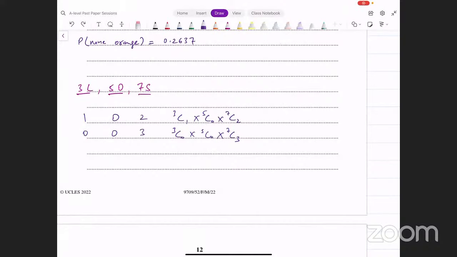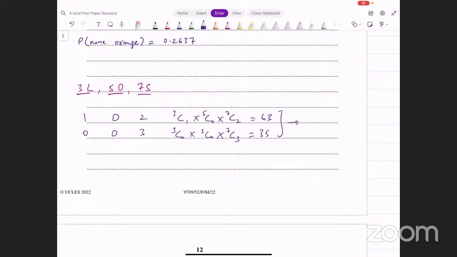Let's evaluate this. 3 into 1 into 7C2, 7C2 into 3, that's 63. And the second case is giving me 1 into 1 into 7C3. 7C3 is 35. ये आपके पास cases आ गए जहाँ पे आपके condition meet होती है.